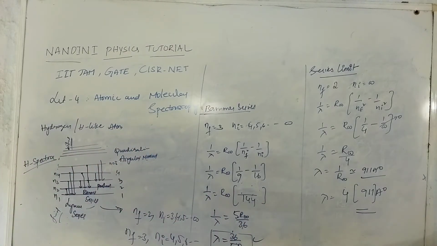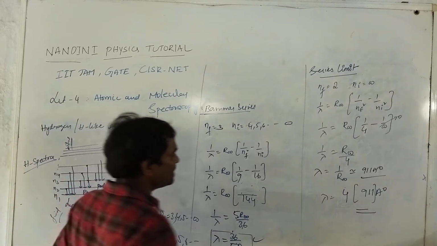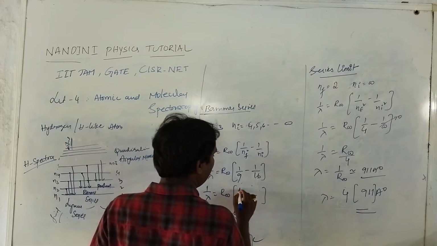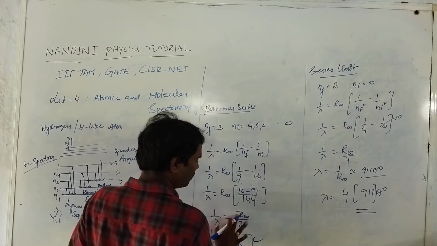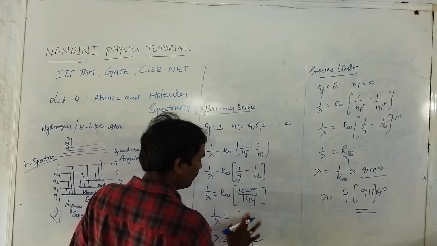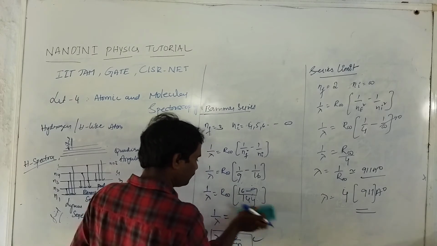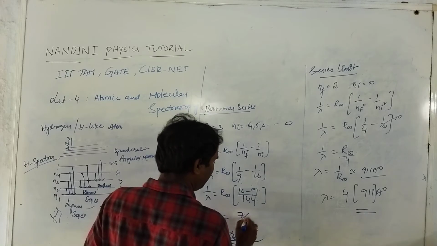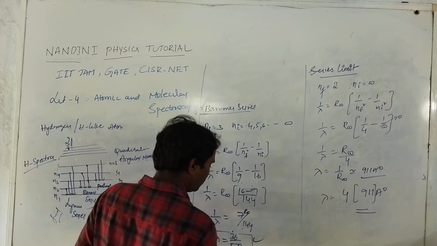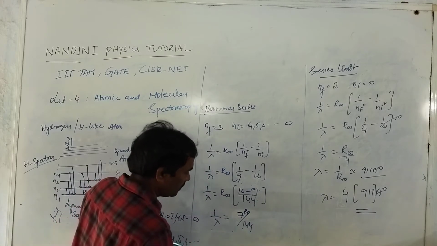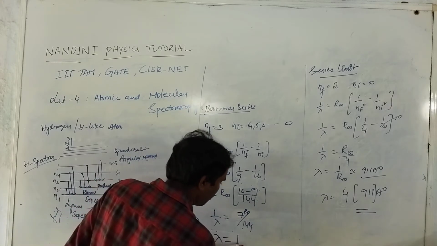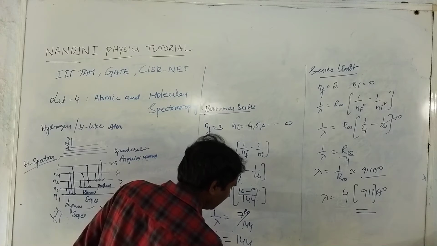And the difference is 7, because 16 minus 9 is 7. So finally this value is 7 divided by 144 R infinite. So lambda is equal to 144 divided by 7 R infinite.